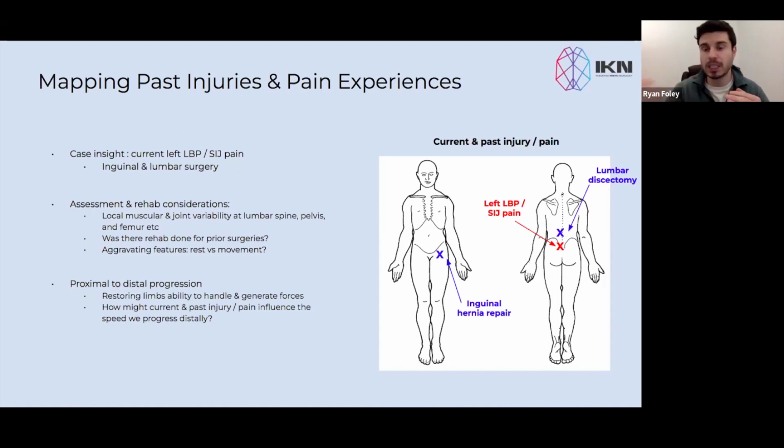So again, the pain experience is currently at the lumbar spine, but there's a previous surgery at the lumbar spine, previous surgery at the left groin. I do tend to find that these individuals struggle more with lower intensity activities, because oftentimes I see when there's a lack of local variability, they may struggle to relax those muscular tissues at rest.